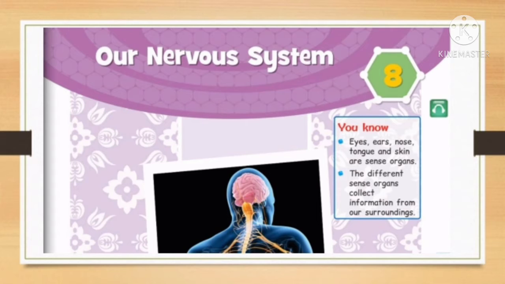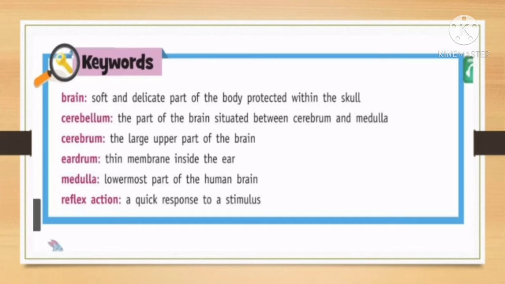I hope, dear class, that you have gone through these words. The first word that we need to discuss is brain. What is the brain? It is a soft and delicate part of the body, protected within the skull. You can touch the upper part of the skull.